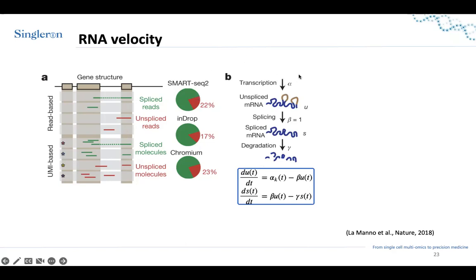You know that mRNA is obtained from transcription of a particular gene with a certain rate of transcription alpha that we don't know, and it is different for each gene. But we assume it to be constant along time, so it's only gene dependent.